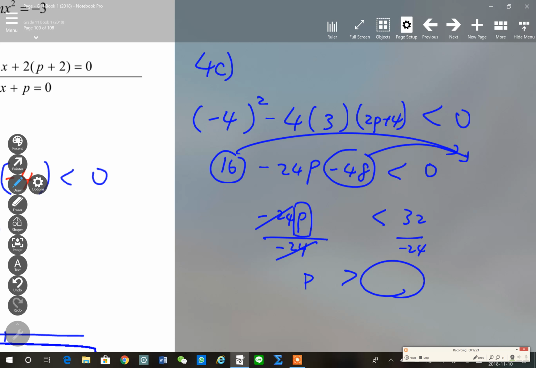Okay. Those are good. Those are gonna be my trigger numbers.